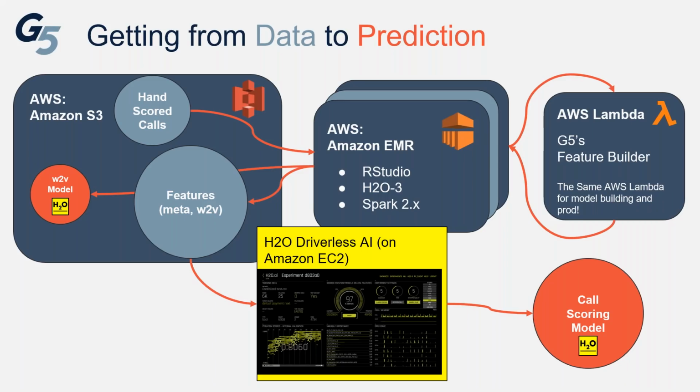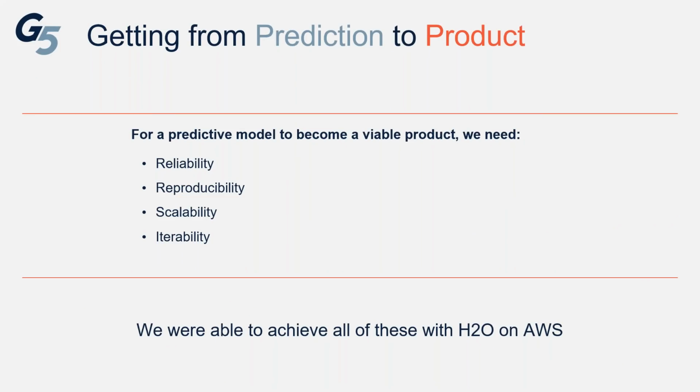We deployed H2O Driverless AI on a large EC2 instance, lots of GPU power, lots of memory. And what's great about that is we can spin it up on demand and build models when we need to, spin it down when we don't. We take the models that we generate in Driverless AI, we export them via their MOJO functionality, and we wrap that in another Lambda and plug that all together.